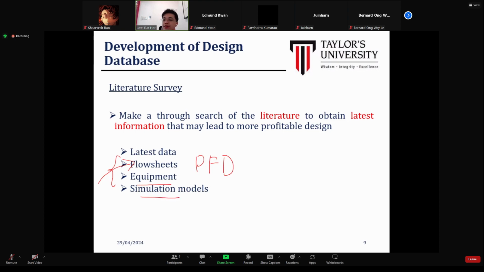So when you do the literature review, if you can get relevant data or information related to the simulation of the product that you are going to produce, you can also keep it for your future reference to support your design later.